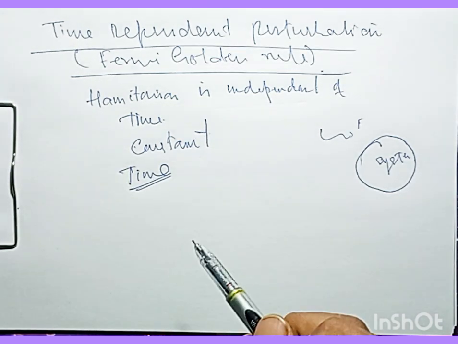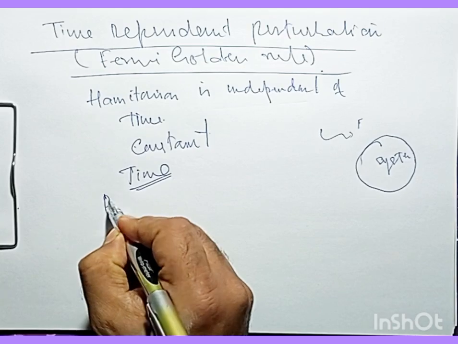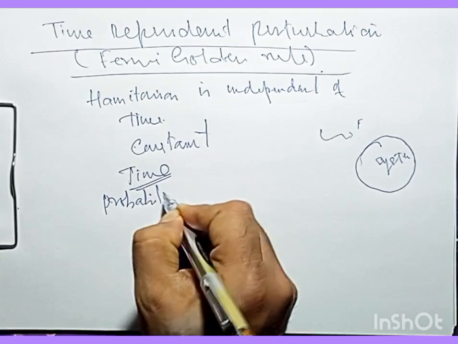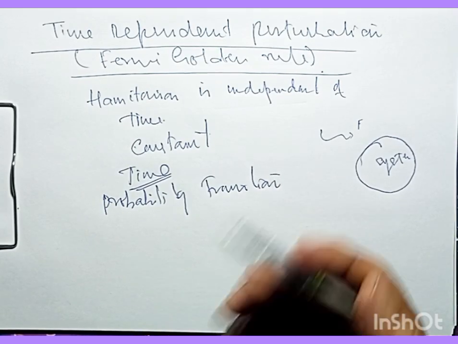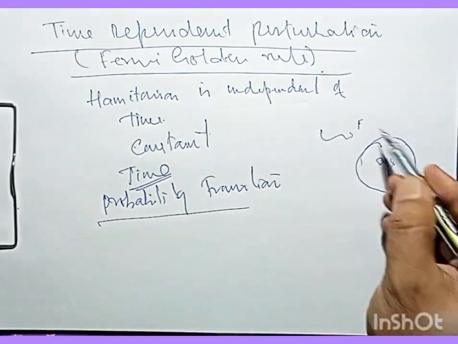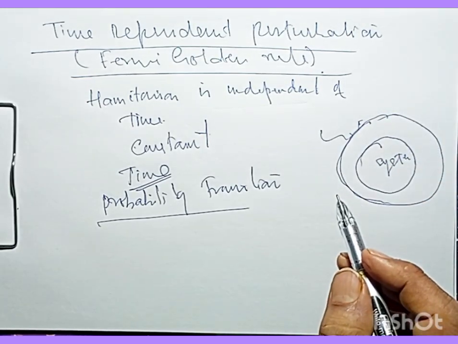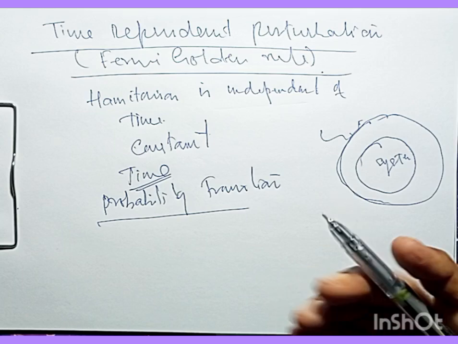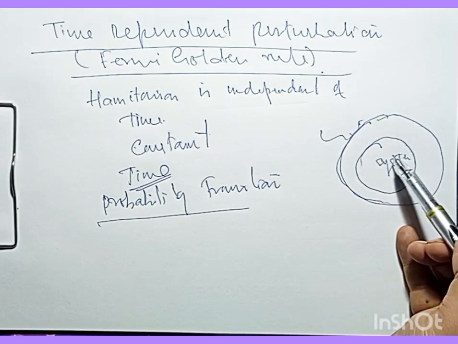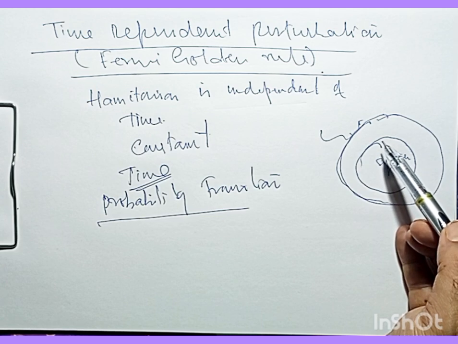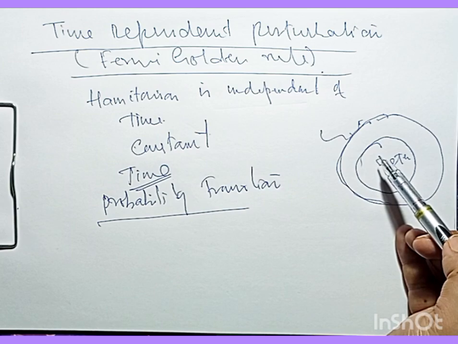In this case, what we obtain is the probability of transition of the system from the unperturbed state to a perturbed state. This transition, say for example a transition of an electron from one energy level to another energy level, is a result of the perturbation.